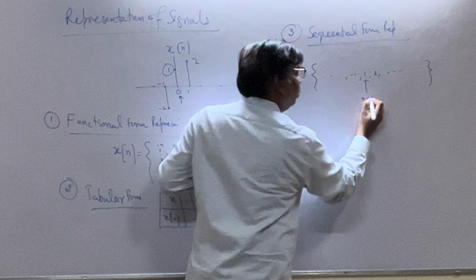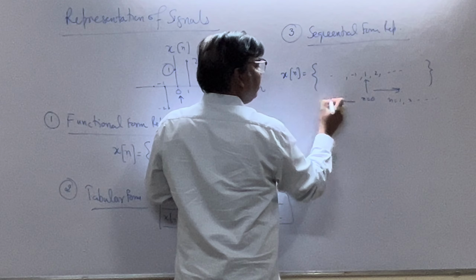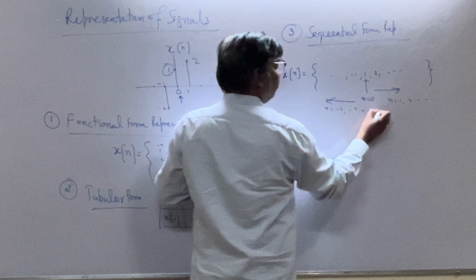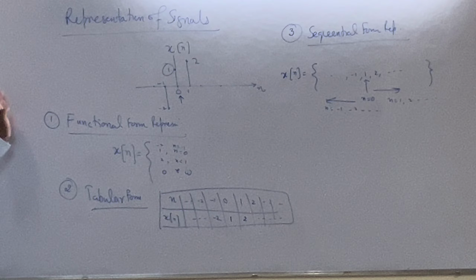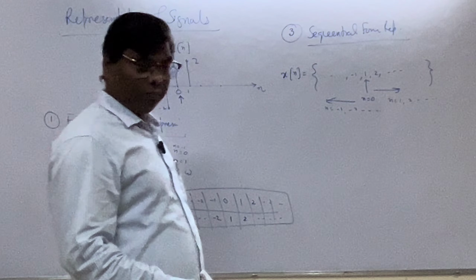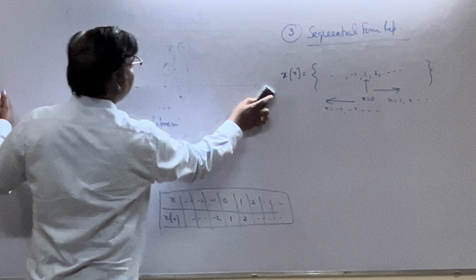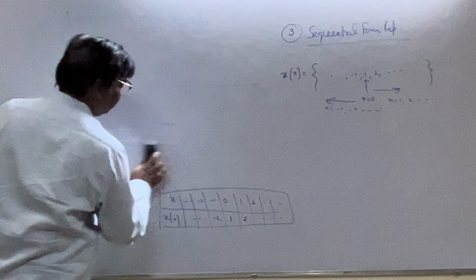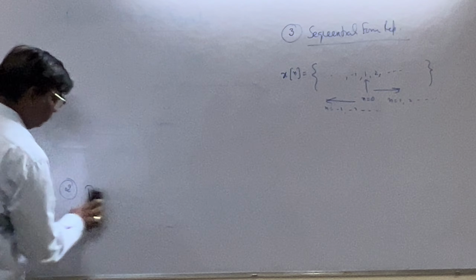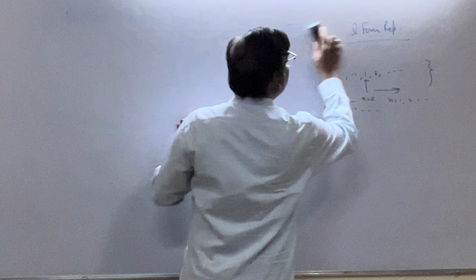This shows n equals 0, and going right hand side, this is n equals 1, 2 and so on. Going left hand side, this becomes minus 1, minus 2 and so on. Clear? So these are the three types of representation of the signal. Generally, we use the third one, sequential type.